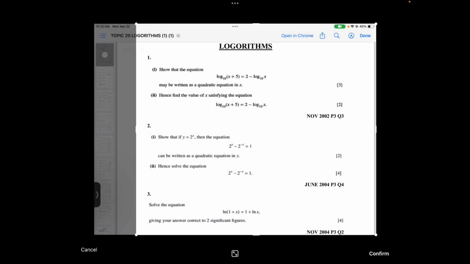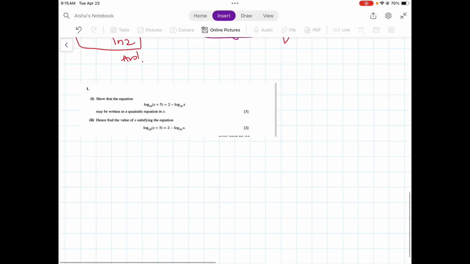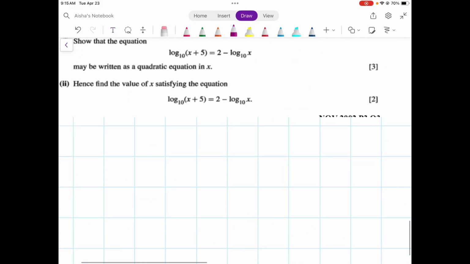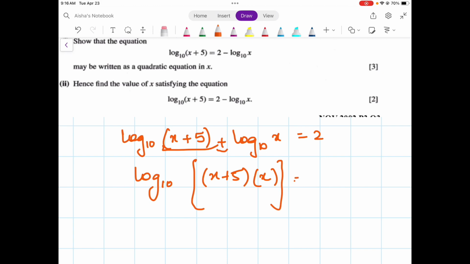Okay, now let's look at a couple of questions. Show that this equation can be written as a quadratic equation in x. Taking log terms on a single side, log 10 common out, x plus 5, plus changes into multiplication, by x equals 2.